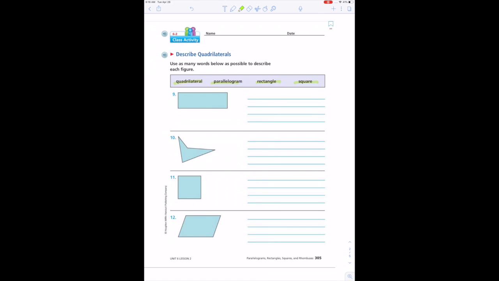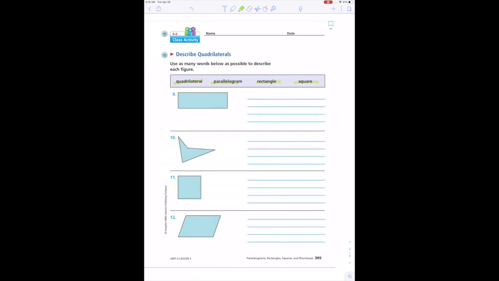All right, so really quick, quadrilateral, okay? Does anyone remember the definition of a quadrilateral? Do we need to go back and look? Let's turn back the book. So, a quadrilateral is a figure with 4 sides, okay?